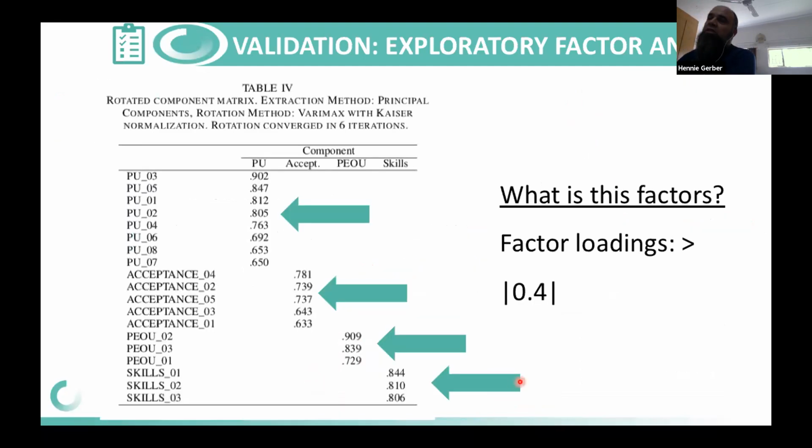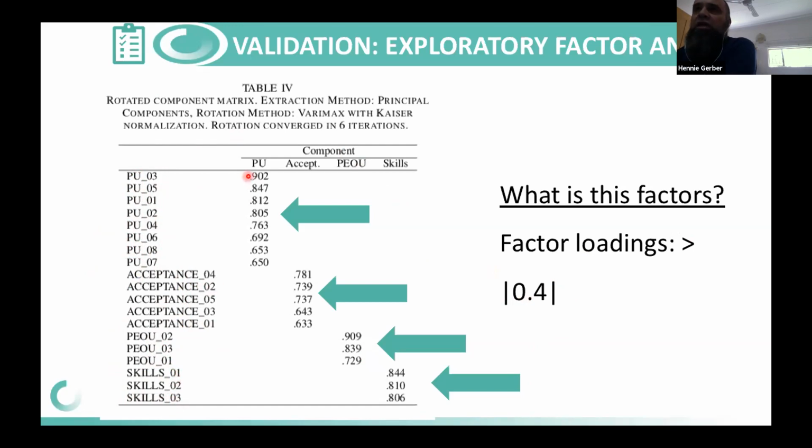Then the next step is looking at factor loadings. Now, what is a factor loading? A factor loading will tell you, in this factor loading matrix, where each question loads. Now, these are all questions, Likert scale statements. There are 7 statements on usefulness, 5 statements on attitude, 3 statements on ease of use, and 3 statements on skills.